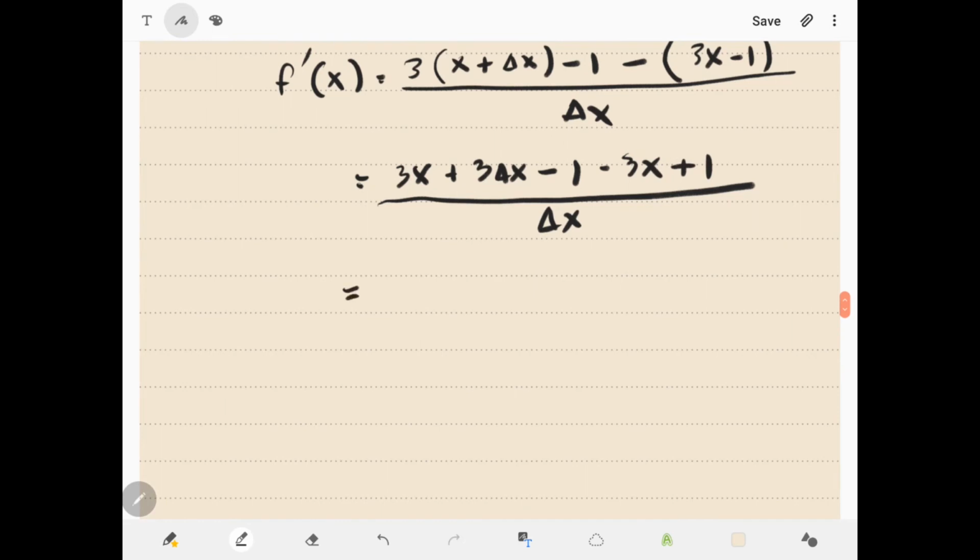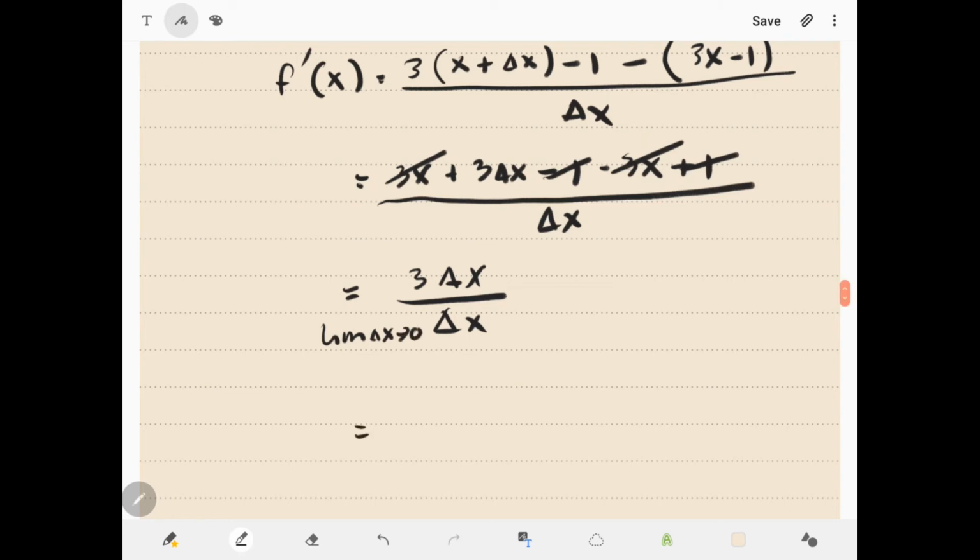So we can cancel out both like terms here, this one also. So what we have left here is 3 delta x over delta x. Okay, so this has limit delta x approaches 0.